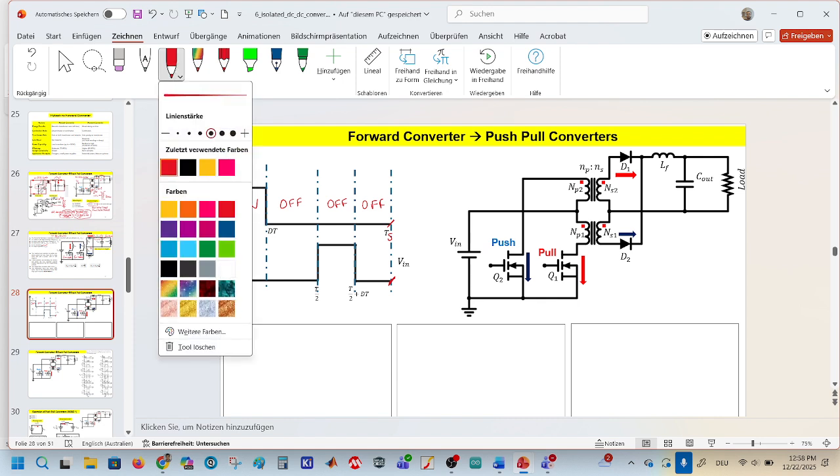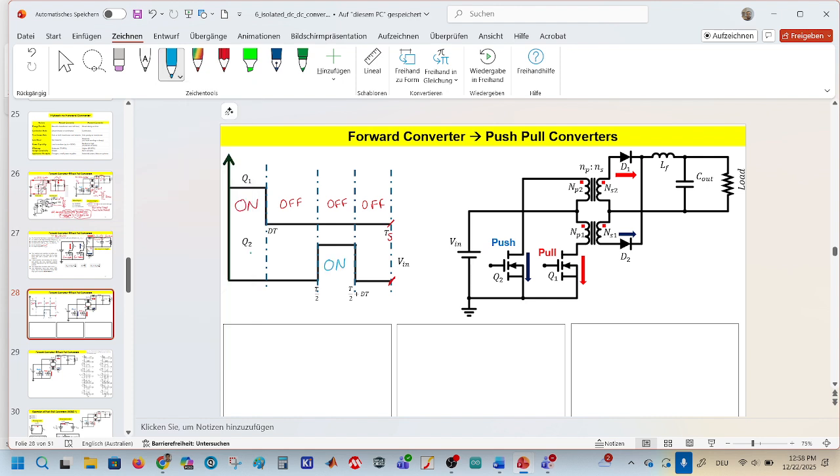On the other hand, Q2 is switched on during this time of period. That would mean we have 3 different modes.